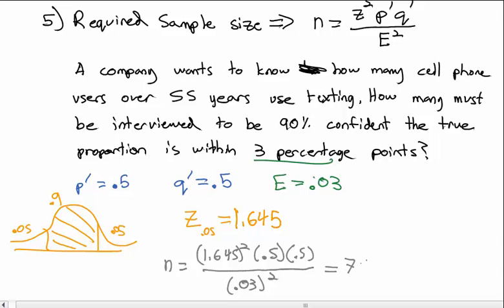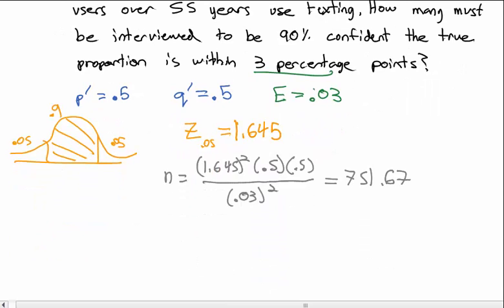We get 751.67, which means 751 won't quite be enough to guarantee a 3 percentage point error. So we are going to interview 752 people in order to be 90% confident the true proportion is within 3 percentage points.